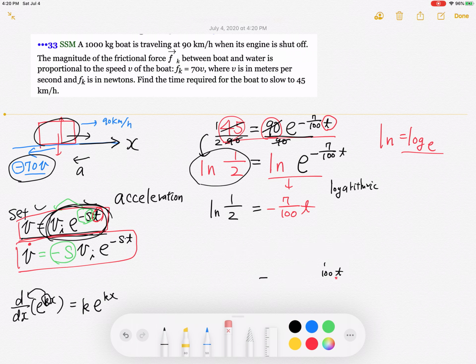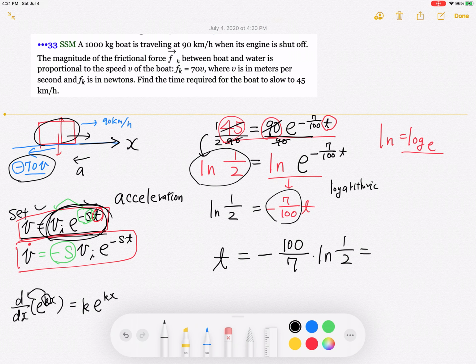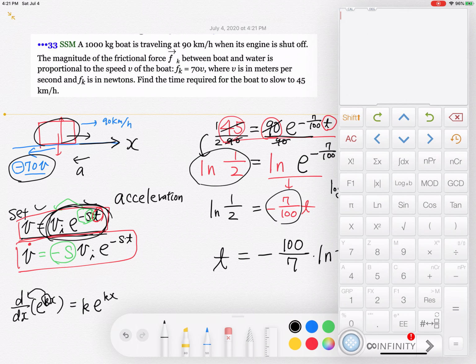How much is t? T is equal to, we just divide both sides by this, so negative 100 over 7 times natural log of 1/2. Okay, this is the result. And let's compute that on a computer.